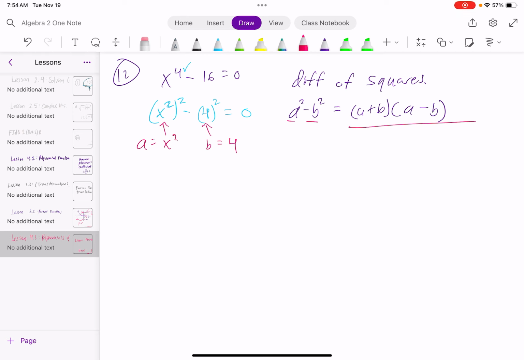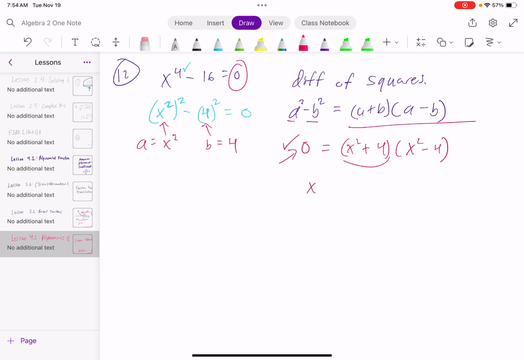So we got x squared plus 4 times x squared minus 4. And then, remember, this is equal to 0. And if this was 0, that'd be great, because 0 times anything is 0, and that would check out.